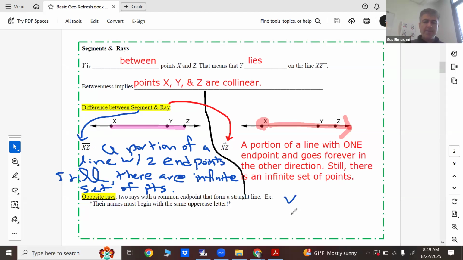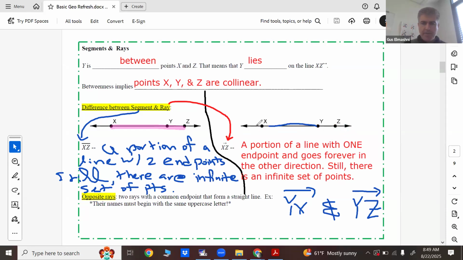I could say YX and YZ. Okay. So yeah, we use uppercase letters, same uppercase letter. So for example, let's use different colors.